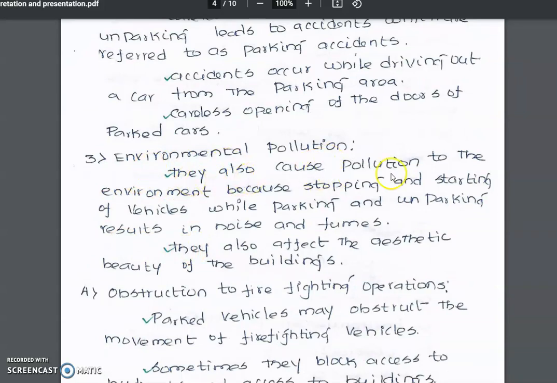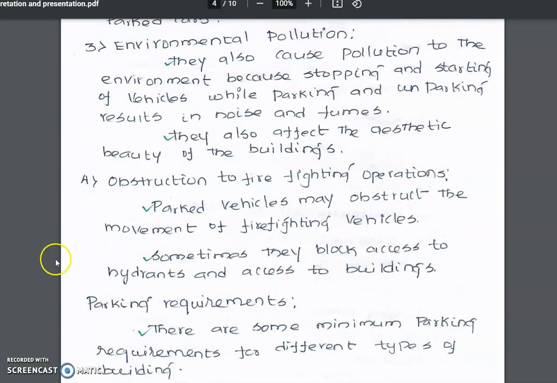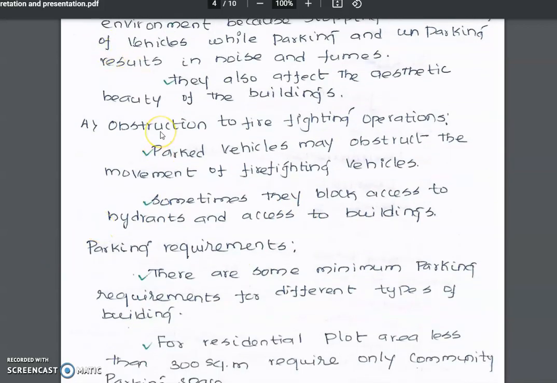Stopping and starting of vehicles while parking and unparking result in noise and fumes. They also affect the aesthetic beauty of the buildings. The fourth one is obstruction to firefighting operations. Parked vehicles may obstruct the movement of firefighting vehicles. Sometimes they block access to hydrants and buildings.